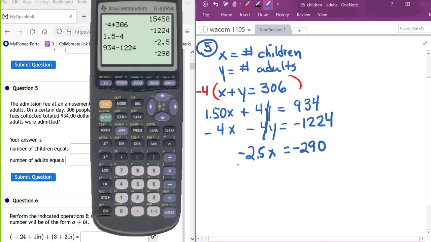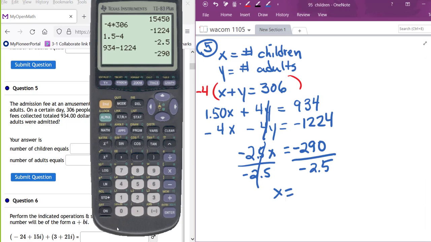And then you're going to divide by -2.5. So your 2 negatives will cancel out because you want a positive answer here. So that makes it okay. So x will equal, so we do 290 divided by 2.5, and we get 116.